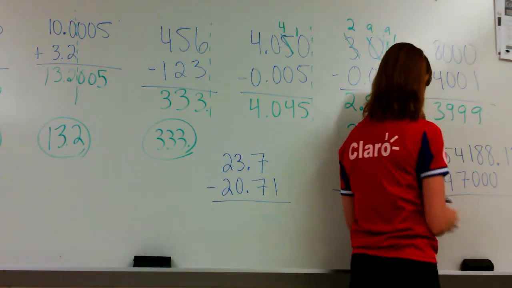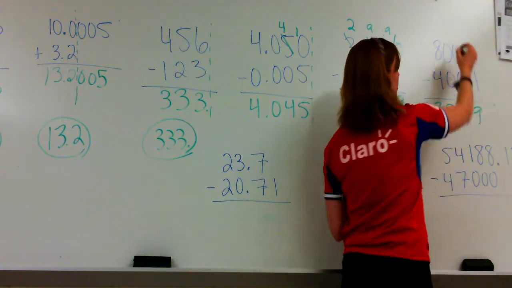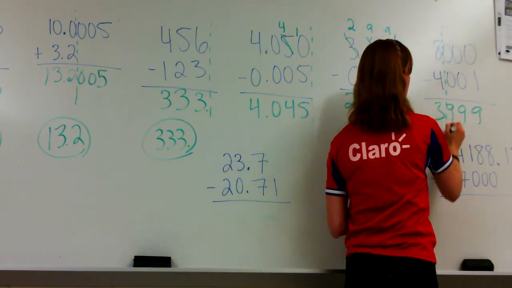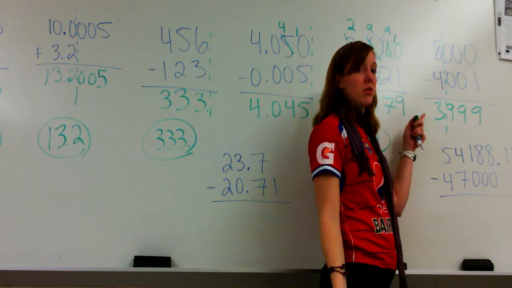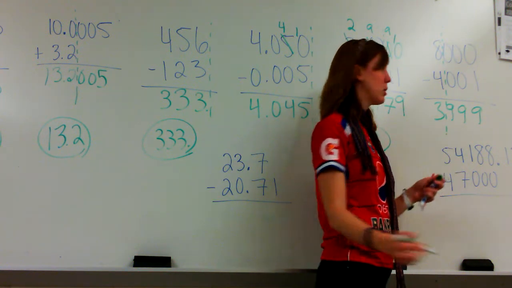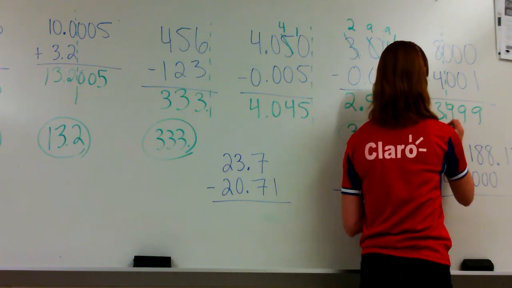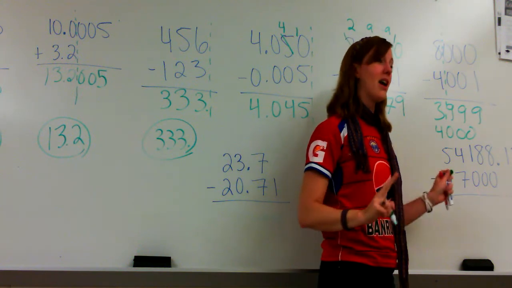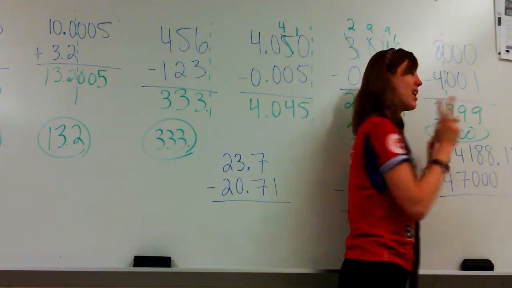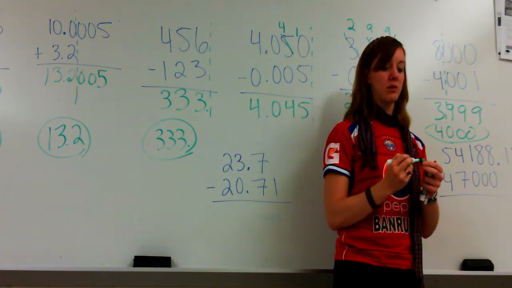Then I have to draw my dotted line differently. It would go here. And then what would I do? Well, I won't round down to 3,000. 3,999 is much closer to 4,000 with no decimal point. That's not significant. It's just an estimate, about 4,000.